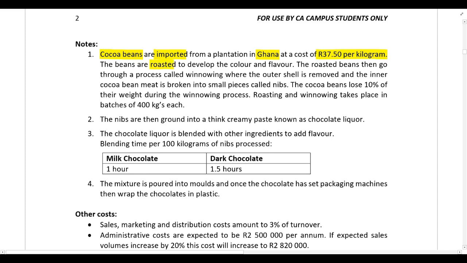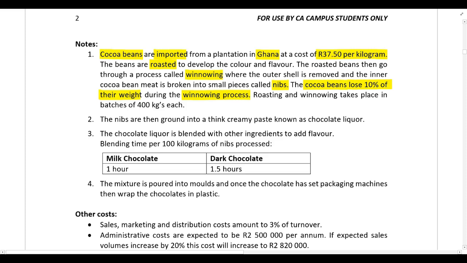The beans are roasted to develop the color and flavor. The roasted beans then go through a process called winnowing, where the outer shell is removed and the inner cocoa bean meat is broken down into small pieces called nibs. The cocoa beans lose 10% of their weight during the winnowing process.